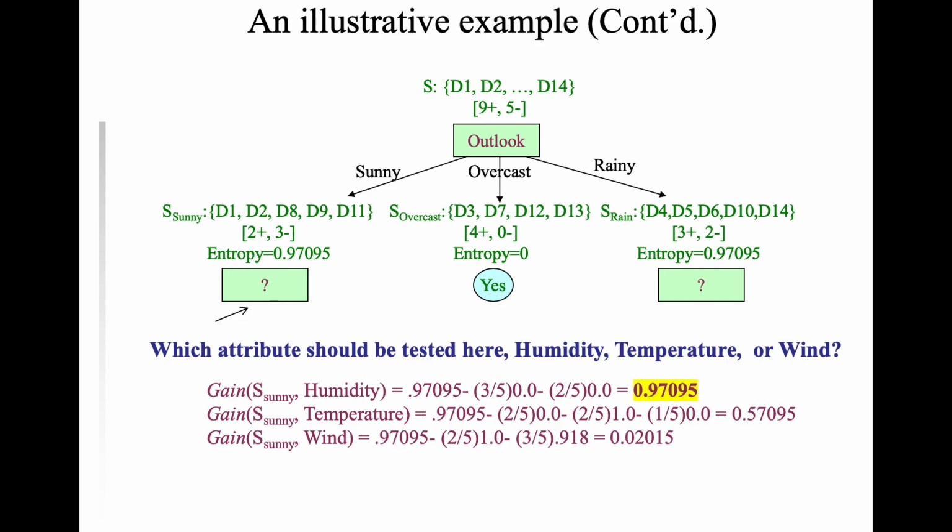So you want to see how this split, for example wind strong or wind weak, affected the entropies. Is this clear? Okay.